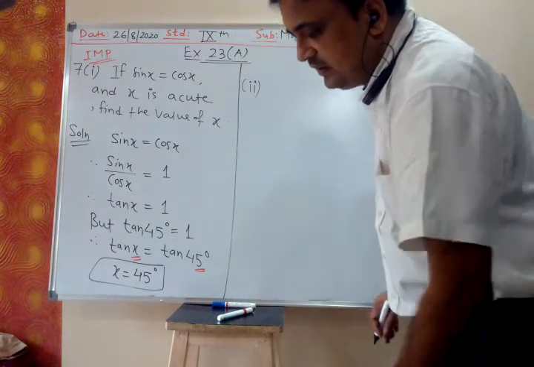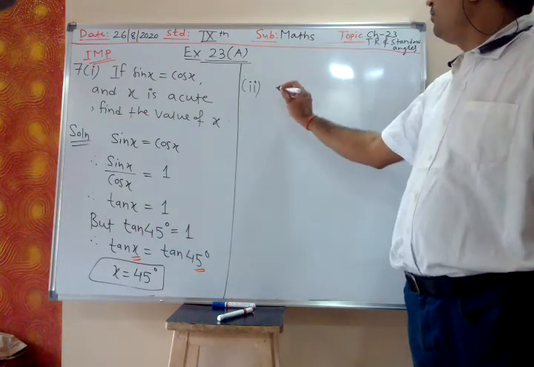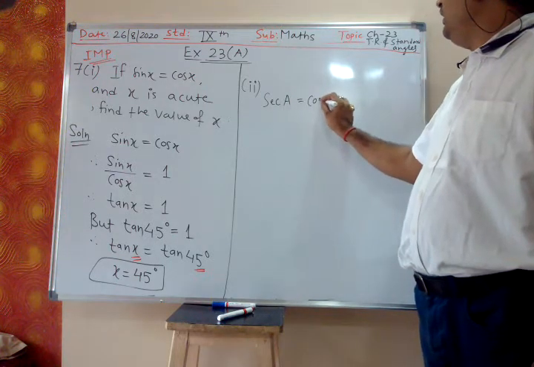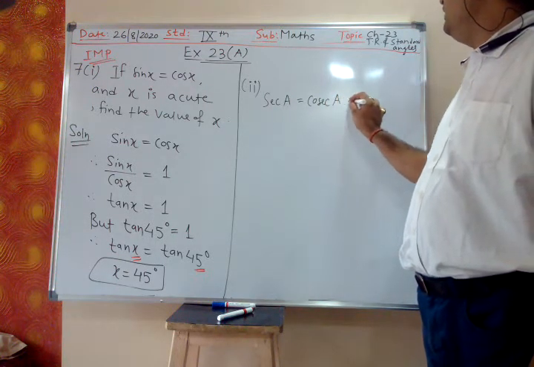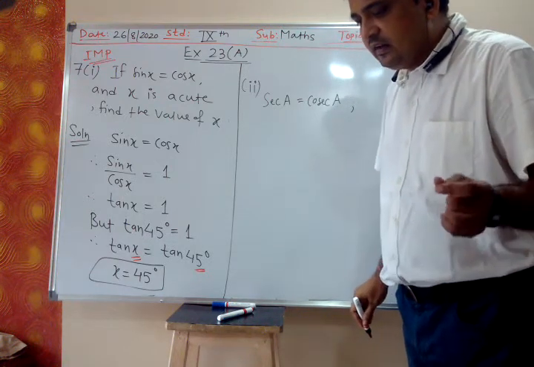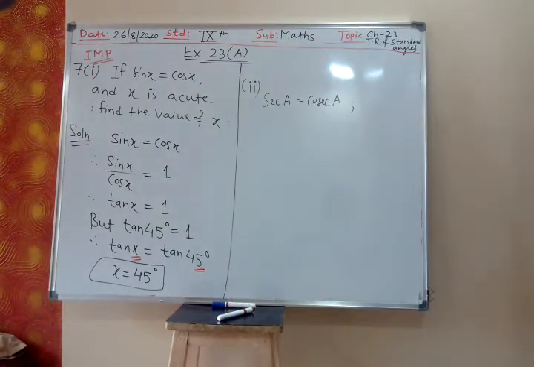Now second, sec A is equal to cosec A. A is my angle and it is given, now it is clear, right?